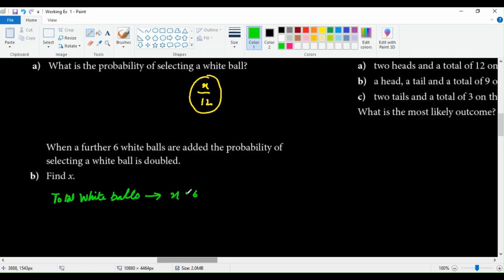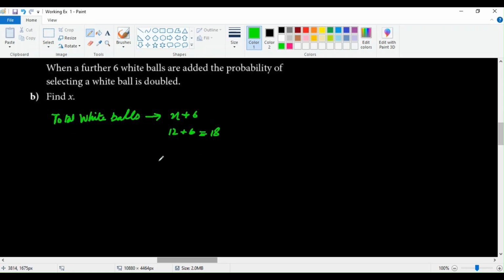And the total number of balls, earlier it was 12. So 12 plus 6 is going to give us 18. Now the new probability is going to be X plus 6 over 18. Now when the probability is doubled, that means X plus 6 divided by 18 and multiplied by 12.